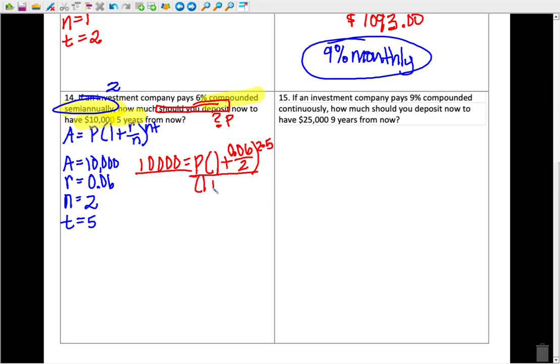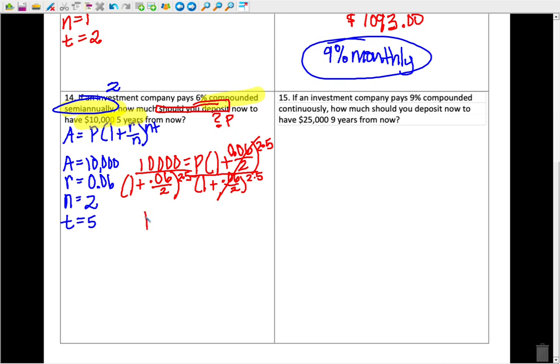So the 1 plus your rate over 2 is going to be divided here to cancel out. And on this side, I'm going to divide it and put this in your calculator, every bit of it, carefully. You want to put this in here with the 10,000 first, and then divide by this entire expression right here.